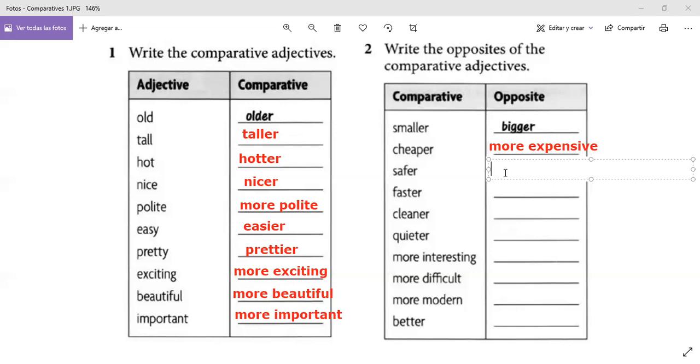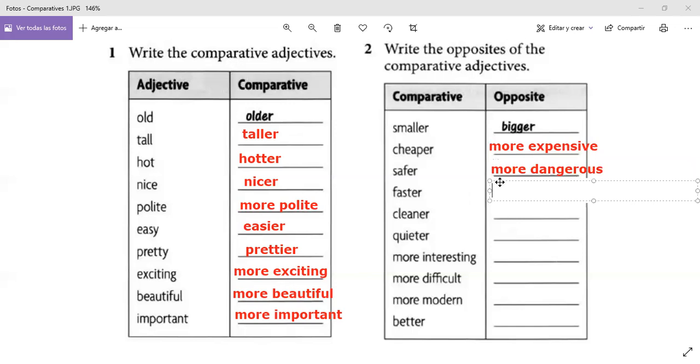It is dangerous. And what is the comparative of dangerous? More dangerous. Very good.